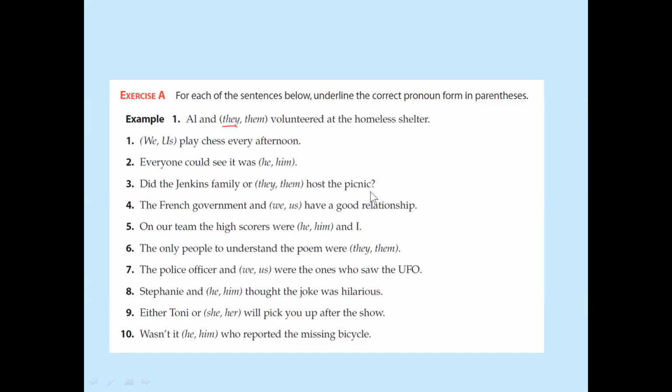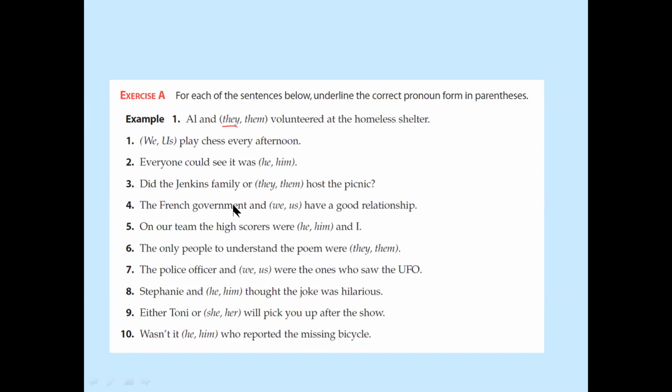For such a sentence, sometimes I have difficulty defining. So I have to restate it. The Jenkins family or what did host the picnic? So the verb is did host, so it should be they in the subject position.